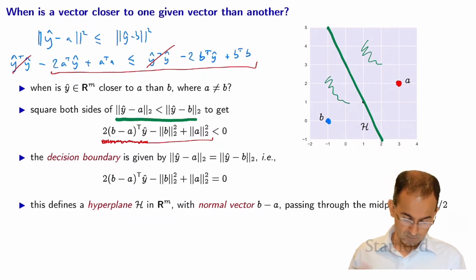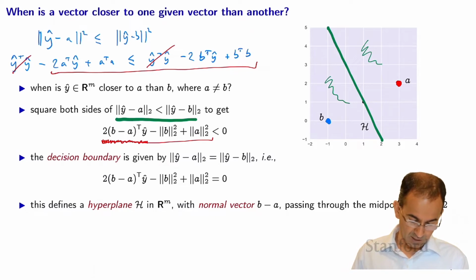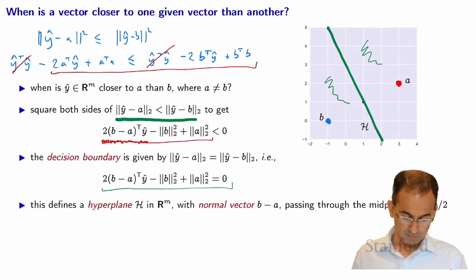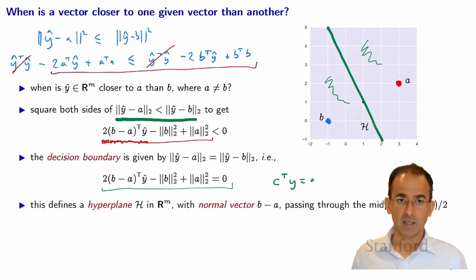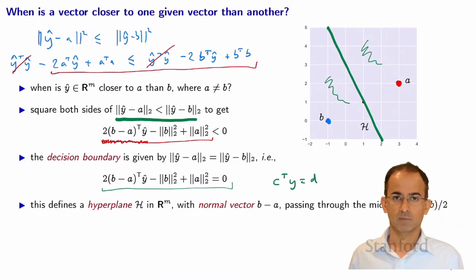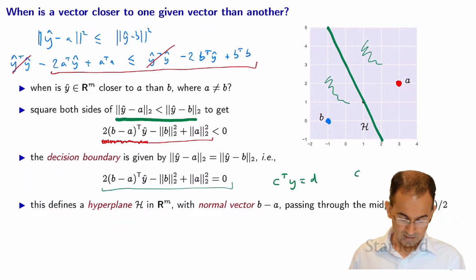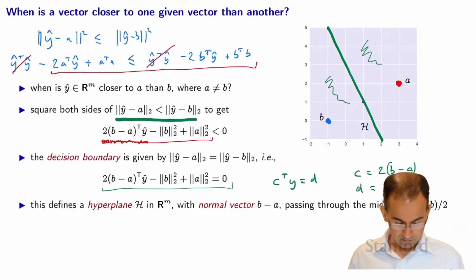And the decision boundary, explicitly just replacing that inequality with an equality, is right here. That's a hyperplane. That's an equation of the form C transpose y is equal to D, where C is a vector in R^m and D is a scalar. And here in particular, C is 2(b minus a), and D is the norm of a squared minus the norm of b squared.